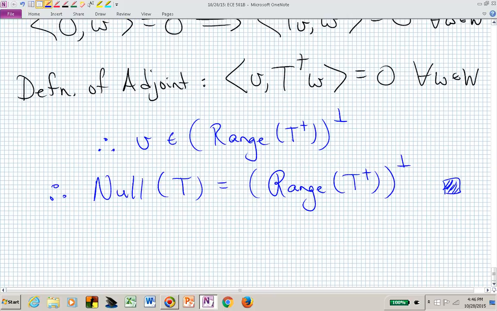There's 3. 3 was equivalent to 2 if we take orthogonal complements, and 1 was equivalent to 4. I'm just going to make that statement then.